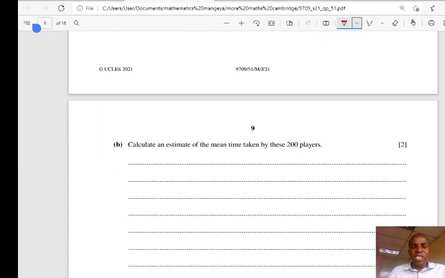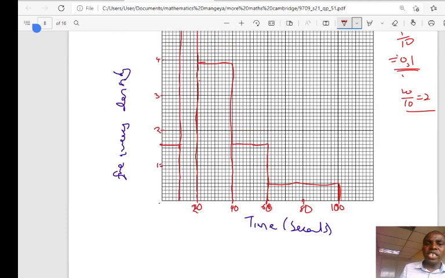Calculate an estimate of the mean time taken by these players. For the mean, the first thing you find is the midpoint. For example, for the class 0 to 10, you say 0 plus 10 divided by 2, which is equal to 5. Let me go up so that you can see it properly.